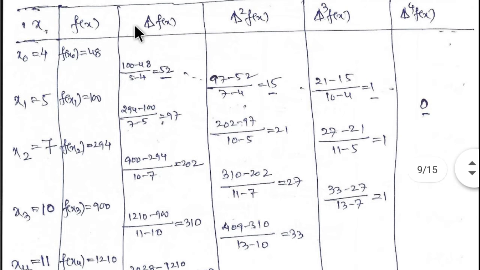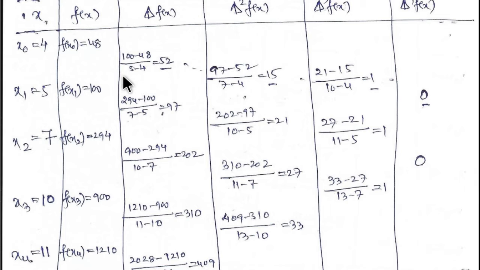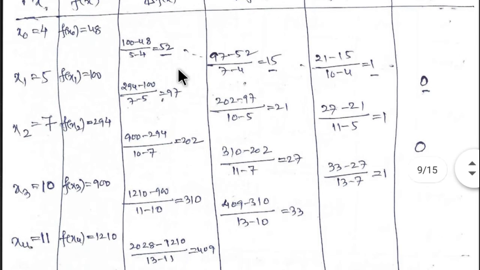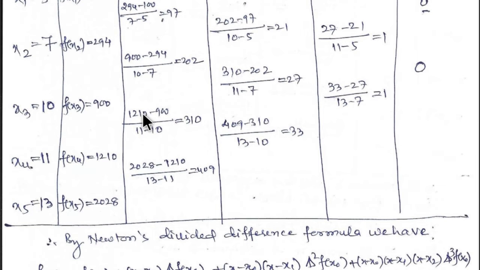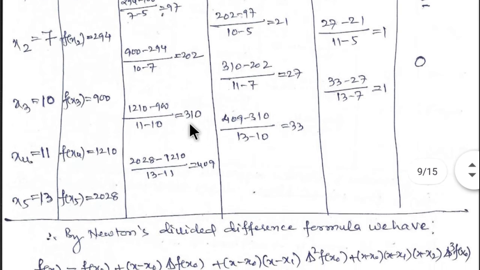Now find the first order divided difference of f(x). 100 minus 48 divided by 5 minus 4, this gives 52. Similarly next, 294 minus 100 divided by 7 minus 5, this is 97. 900 minus 294 divided by 10 minus 7, this is 202. 1210 minus 900 divided by 11 minus 10, this gives 310.